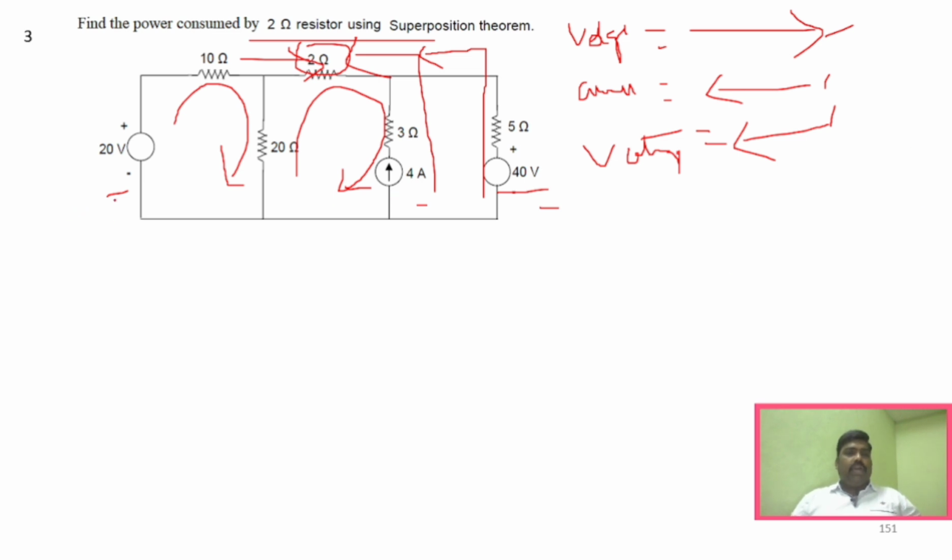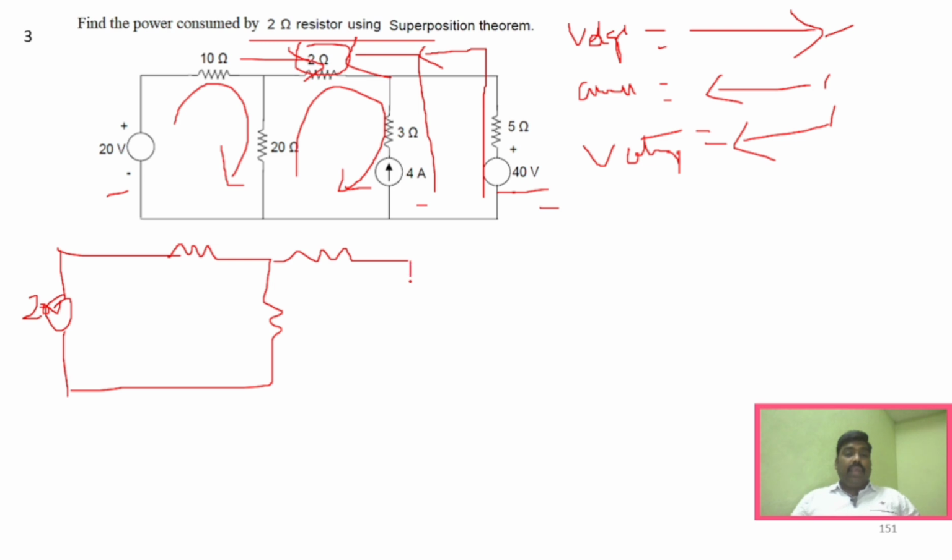First step, you have to consider only this particular voltage source. If you consider this voltage source, you have to remove this particular current source, and then short circuit the other voltage source, which means you will get a circuit like this. Just as an example, I'm drawing a 20 ohm resistor, and you have the 2 ohm resistor, and this resistor is 3 ohm, but we are open circuiting this, so it is open circuited.